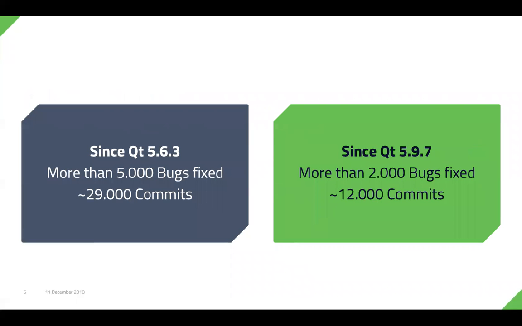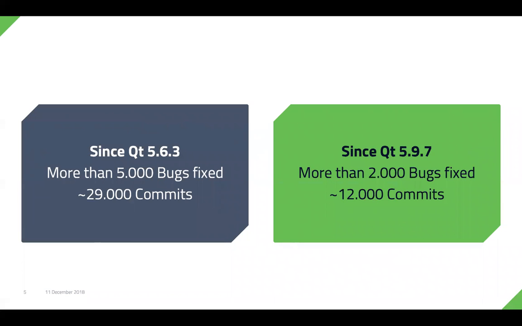Let's have a look at what's inside. To start off with, we have been doing a lot of bug fixes over the last years. And just to give you an impression of how many things have gone in, we've been looking up the numbers and comparing it to Qt 5.6 and Qt 5.9, our previous long-term supported releases. Since the last release of Qt 5.6, 5.6.3, we have fixed and closed more than 5,000 bugs in Qt, and we have added 29,000 commits.